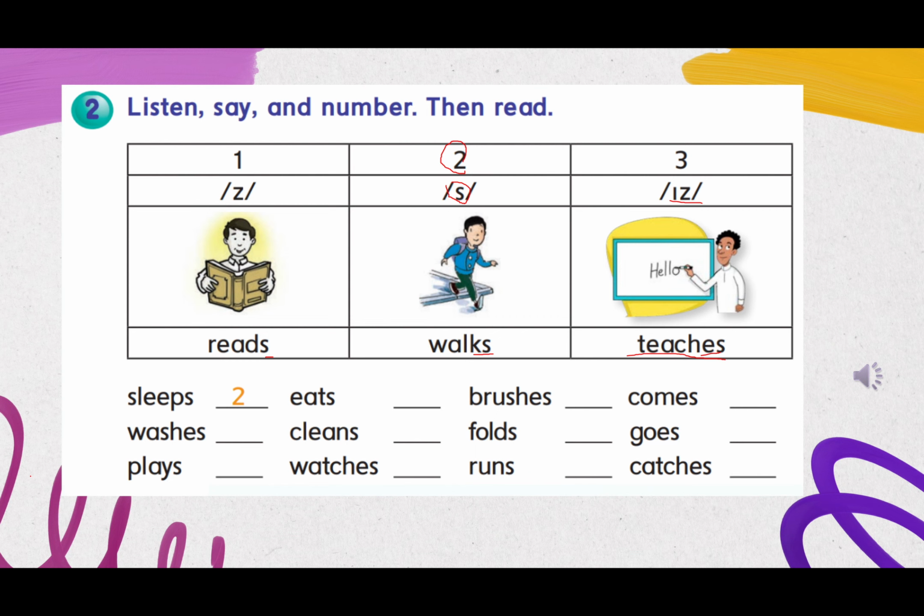Exercise 2. Listen, say, and number. Then read. Listen, point, and practice. Number 1. Reads. Reads says Z. Number 2. Walks.